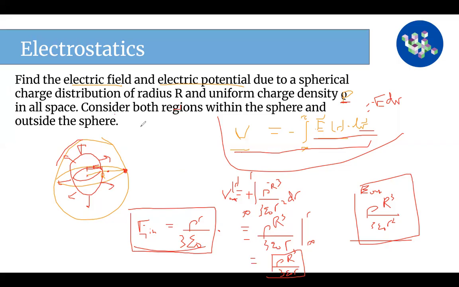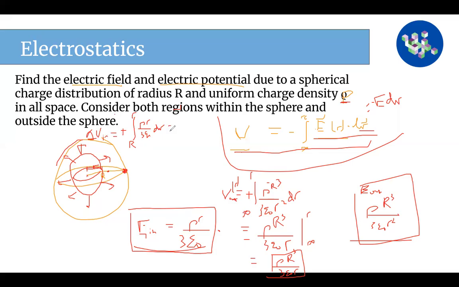So my E in dot dr, negative of E in dot dr. So again, it will turn into positive. So rho r divided by 3 epsilon 0 dr, and then from big R, because I'm looking from the surface of the sphere to the inside, to small r. This will be delta V within the sphere. Delta V in equals that.